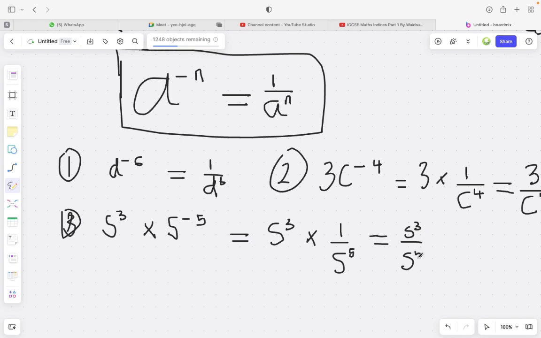So which means if we reduce, we will manually cancel out.